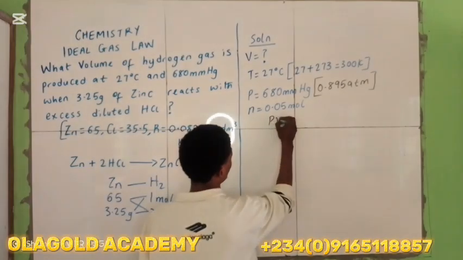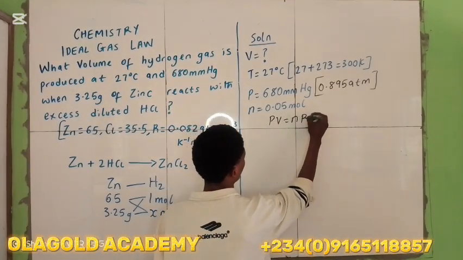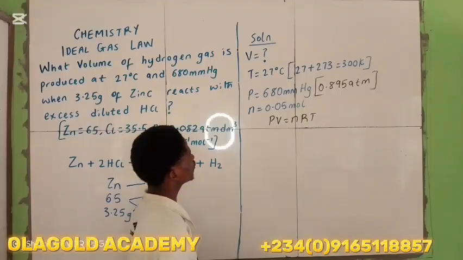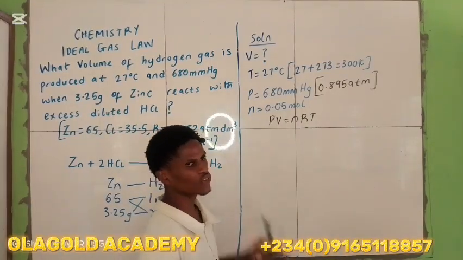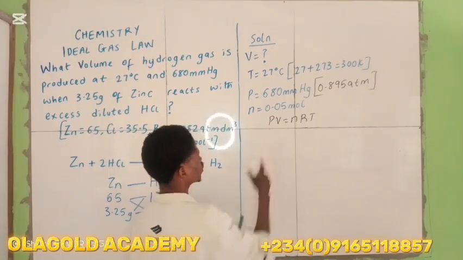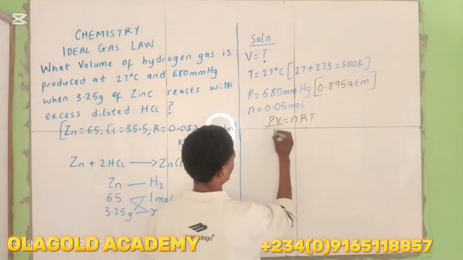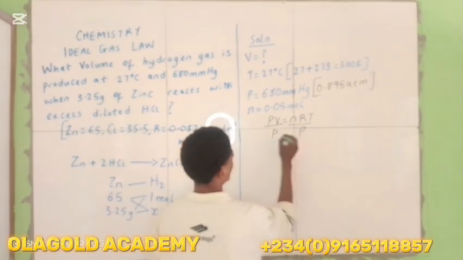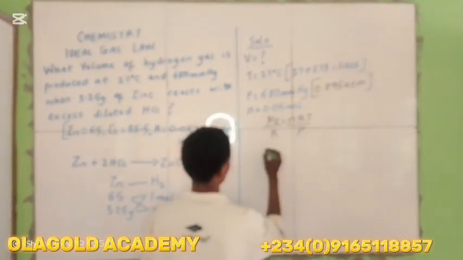PV equal to nRT. I'm looking for volume, so what do we do? Divide both sides by the coefficient of volume, which is pressure. Pressure cancels pressure.